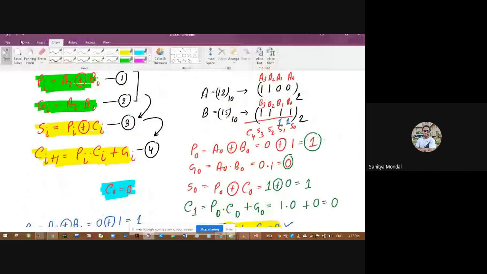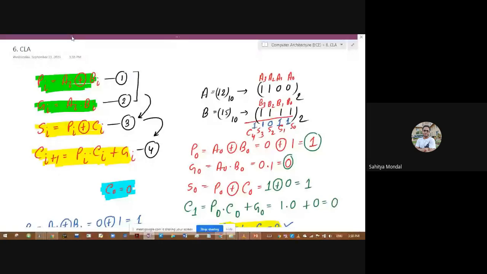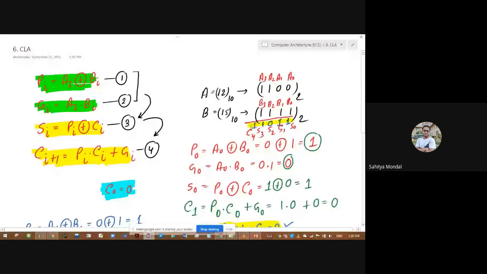Now I am putting the values with respect to the calculation. 0, 1. Is it correct by the normal binary addition? Let me know.